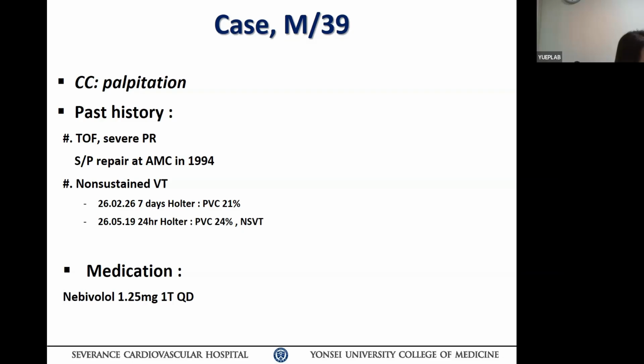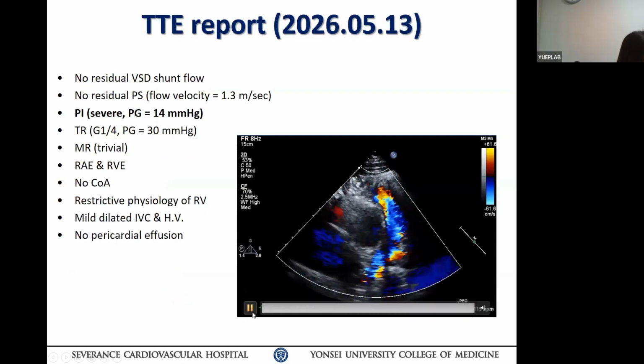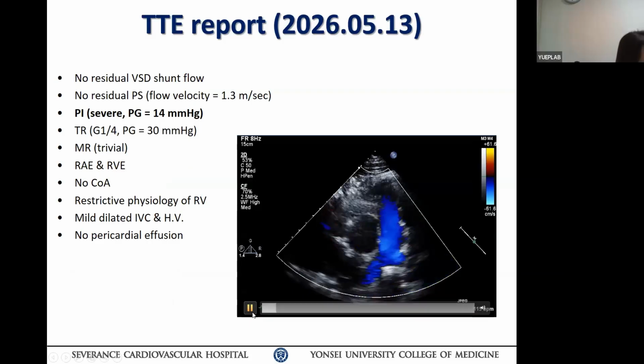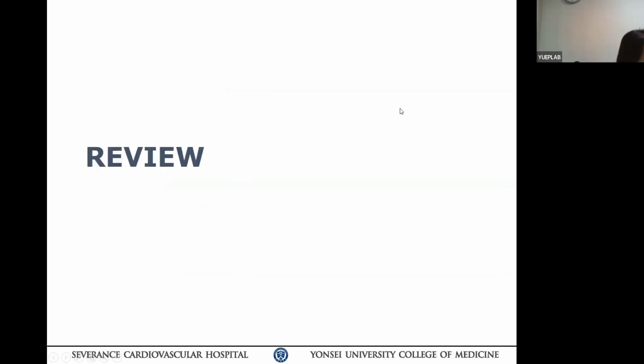RV enlargement with severe PR was observed. So in this patient, we did the VT induction study, considering if the VT is induced, RFCA, and it could be an ICD indication, so we consider the ICD.